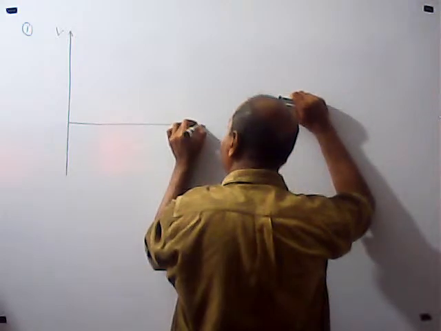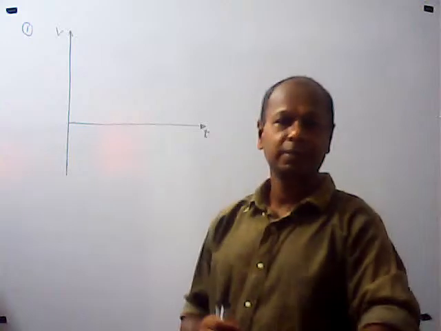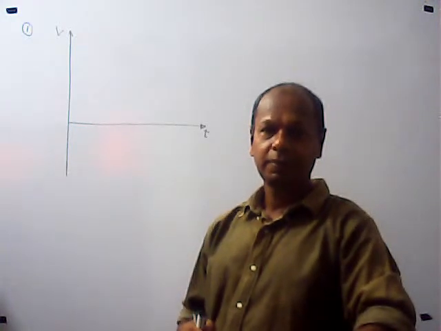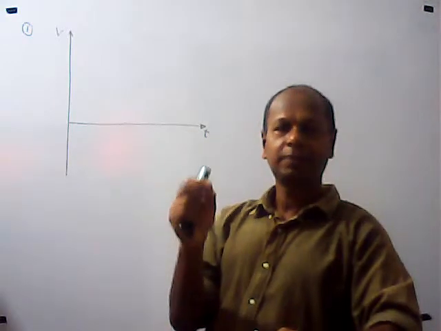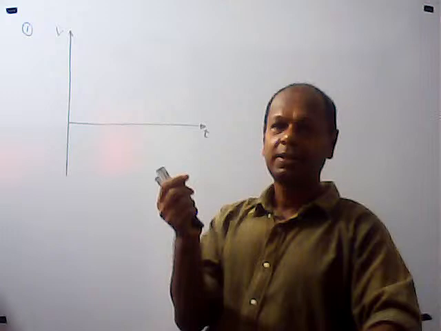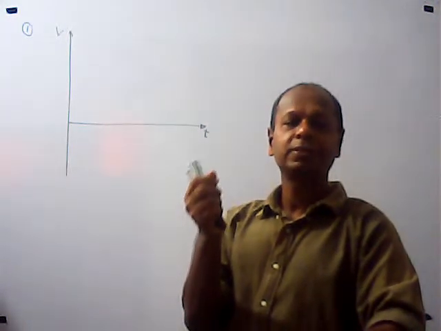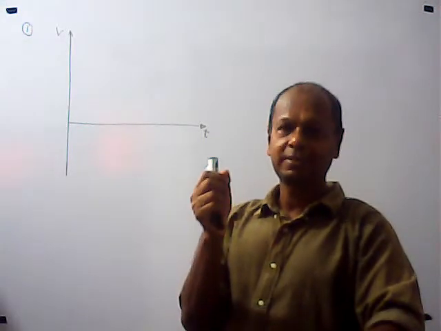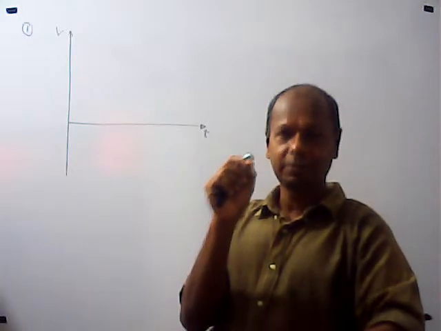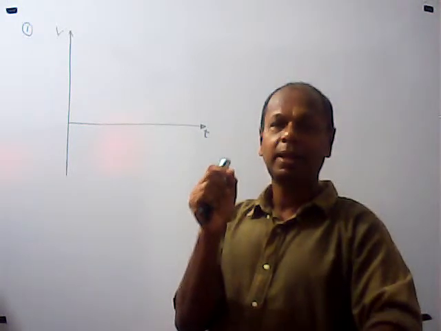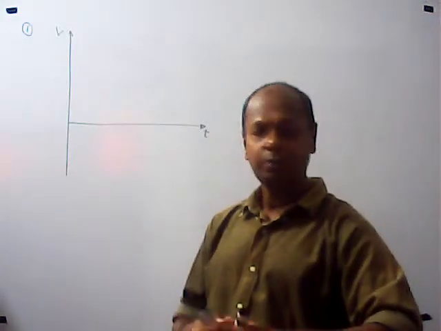For the cyclist, it is very easy, right? The cyclist starts at t equals 0. At some instant means that's the instant from which we observe the motion. For us, that's the starting time, a particular instant. That's t equals 0 for us. So the cyclist, not the motorcyclist, starts from t equals 0 at uniform velocity u.